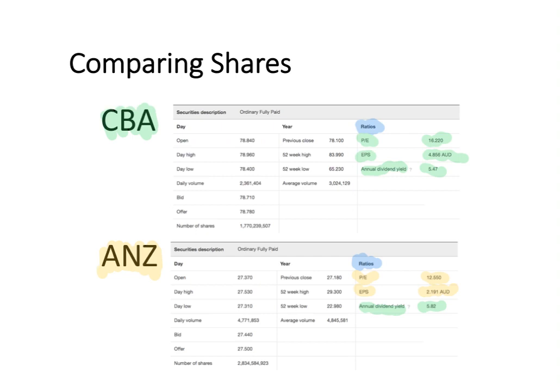So you wouldn't make a decision on what company to invest in based on those ratios. That's only one element. You would also have a look at who is running the companies, the financial history of the companies, the future plans for the companies. But it's important to factor in these ratios when you are making investment decisions when buying shares. So that's a summary of investing in shares as a potential investment option.